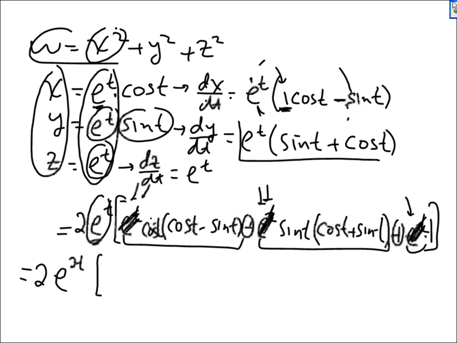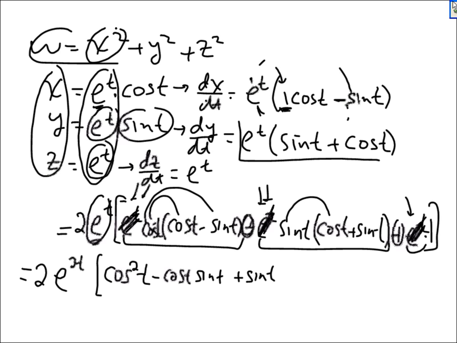Okay. Now we have cosine t times cosine t, better known as cosine squared t, minus cosine t times sine t, plus sine t cosine t, which is the same as cosine t sine t. You take something away, you add it back, even if the order is not the same, you get 0. Plus sine squared t, plus the 1 at the very end.